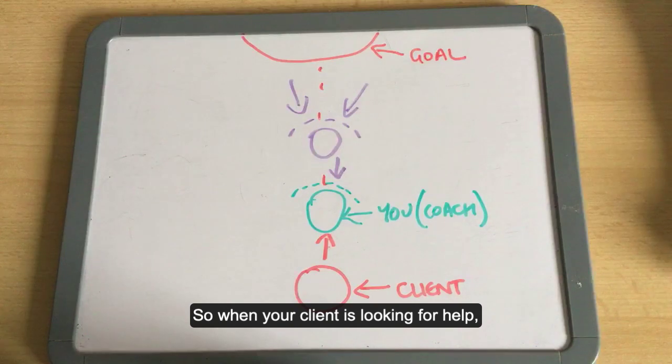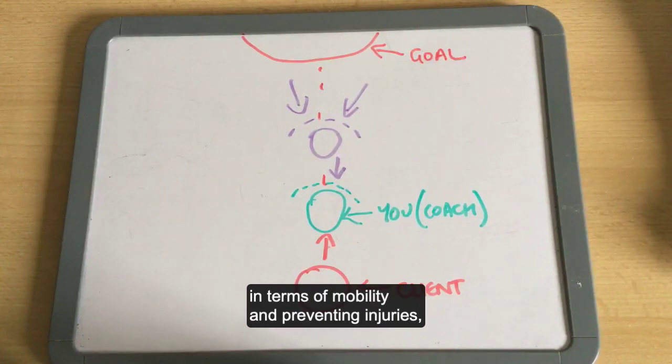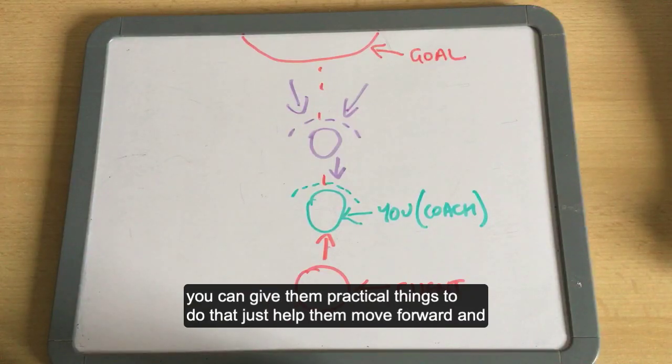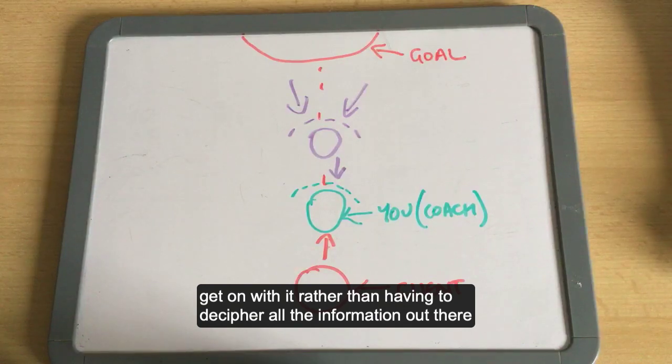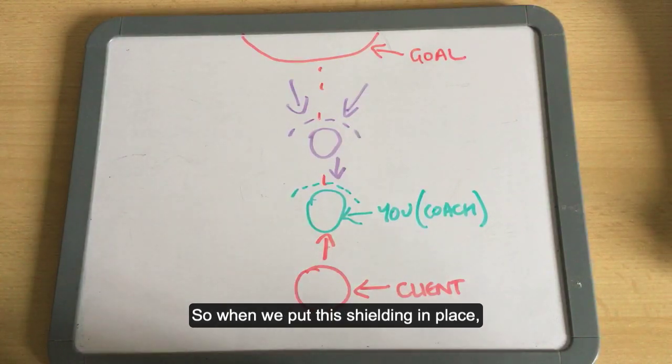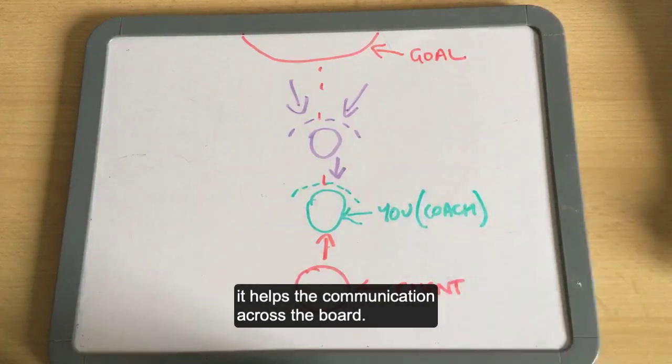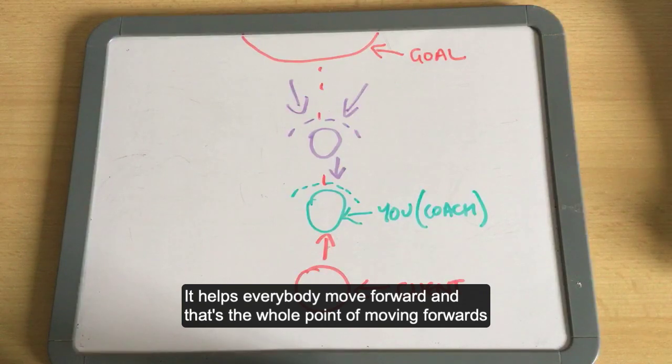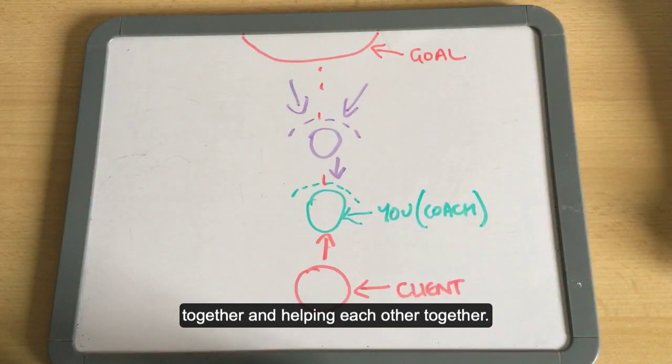So when your client is looking for help in terms of mobility and preventing injuries, you can give them practical things to do that just help them move forwards and get on with it, rather than having to decipher all the information out there about what they need next. So when we put this shielding in place, it helps the communication across the board. It helps everybody move forwards, and that's the whole point of moving forwards together and helping each other together.